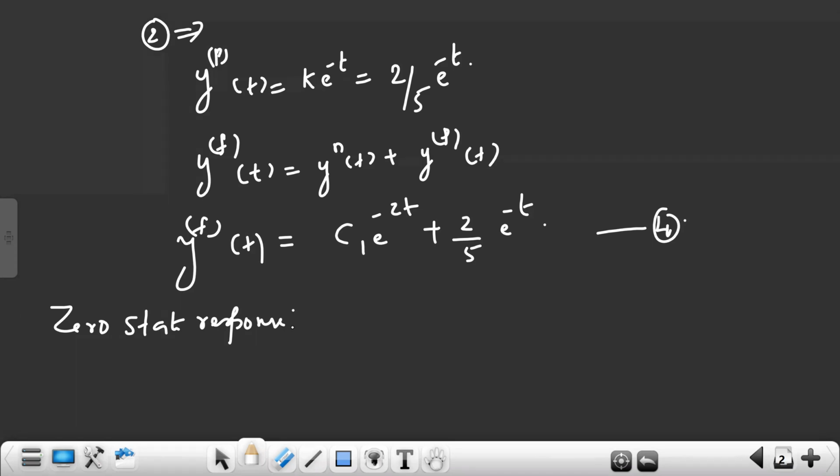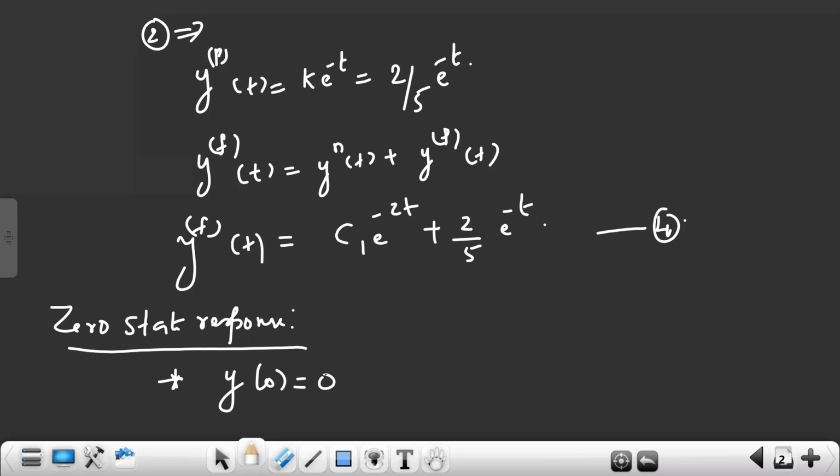Initial conditions will not be considered, only the input will be considered while finding the forced response. So initial condition 0 means it is called the zero state response. So to find the zero state response, I will assume the initial condition as 0.